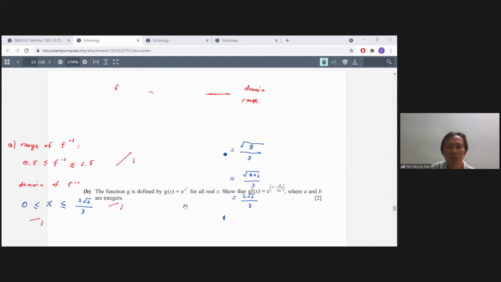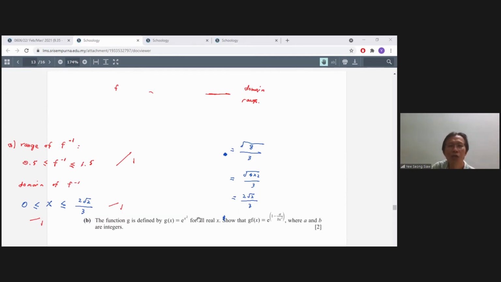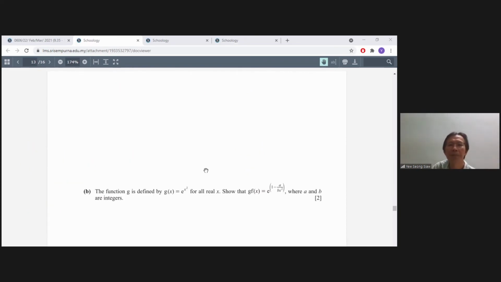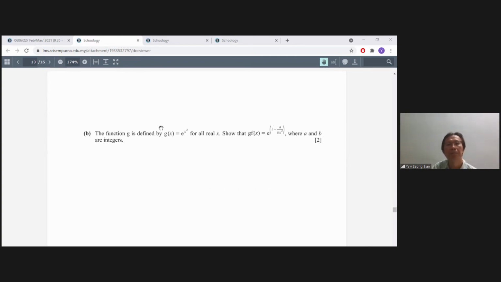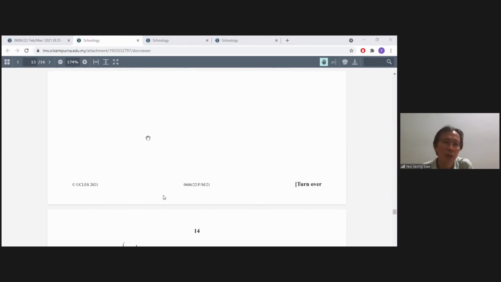Next is a composite function, gf(x). I think you know how to do. Do you know how to do this? Inverse function and also composite function. Can, isn't it? Okay, I want to move to another question.